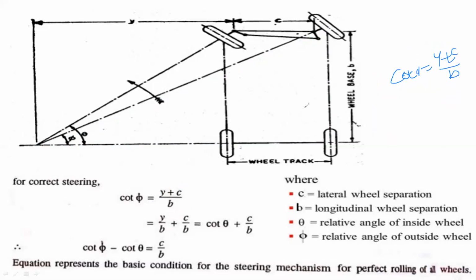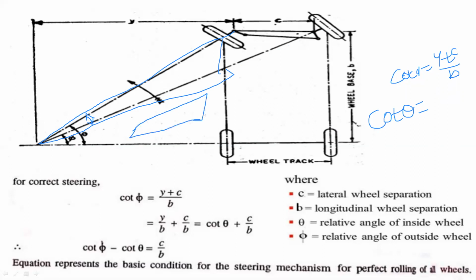And next, we can calculate cot theta. This cot theta is meant by this angle only, the inside wheel angle. So it is the theta, only the inside angle.